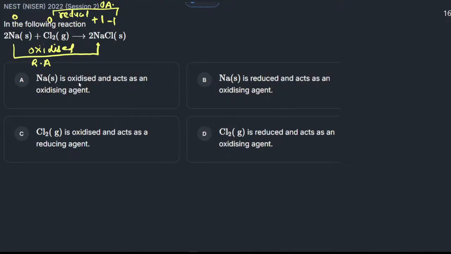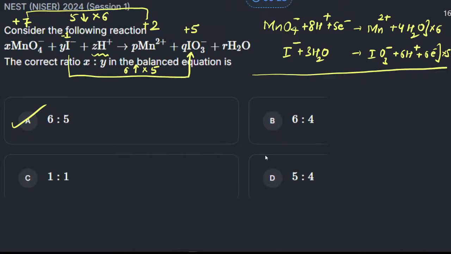So sodium is oxidized, right? But it acts as a reducing agent. But it is written as oxidizing agent. Sodium is reduced, that is totally wrong. Chlorine is oxidized, wrong. So this is the correct option: Cl2 is reduced and acts as an oxidizing agent. So that's all. There were already 2 questions in 2022 and 2024 from redox.